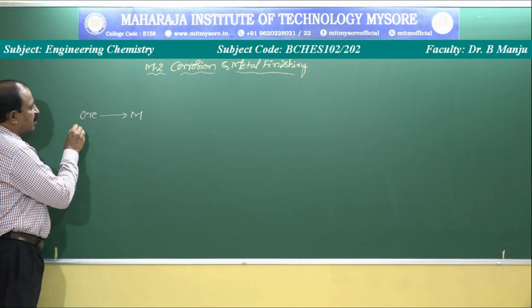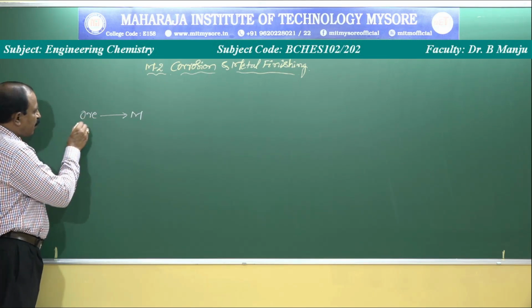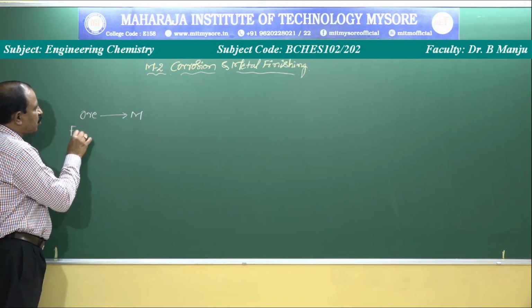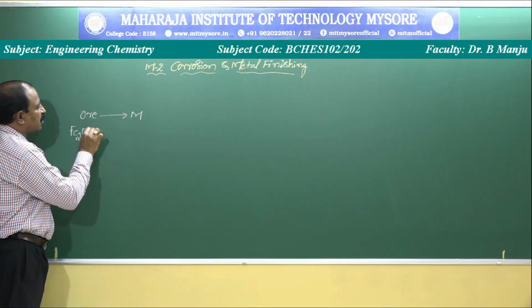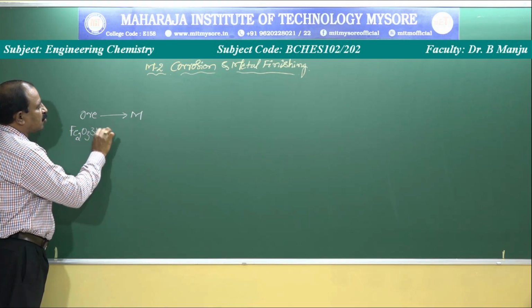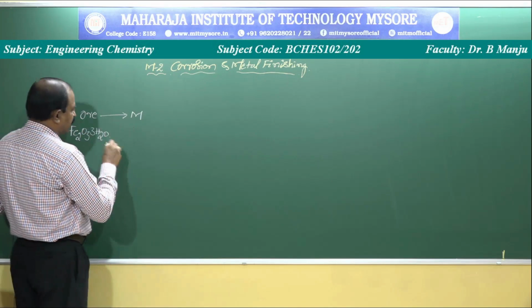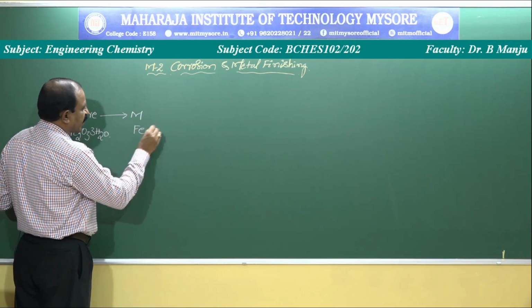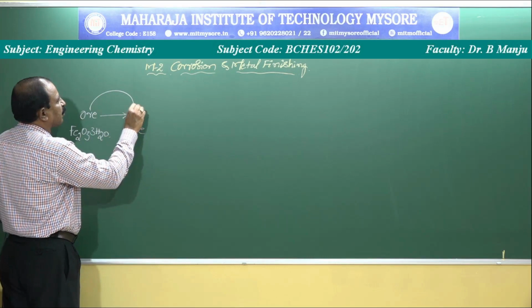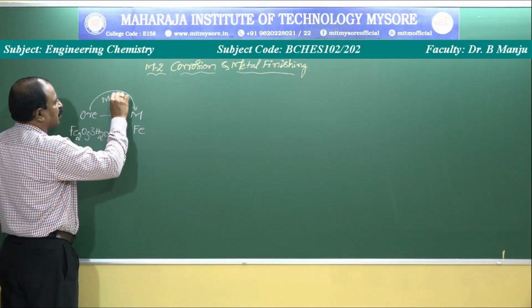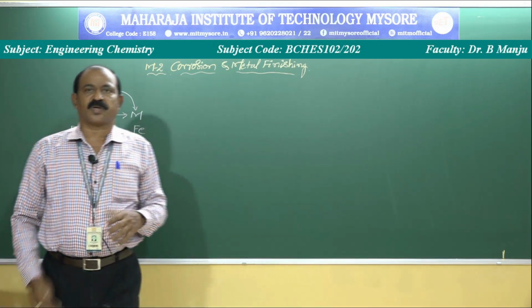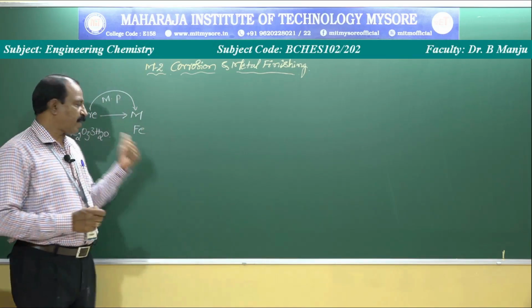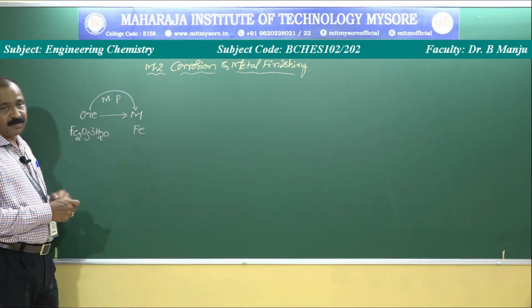Now, the ore is in the combined form. The hematite ore formula is Fe2O3.3H2O. Now, that is the ore. By using a metallurgical process, you extract the pure metal from its ore. Why do you extract pure metal?